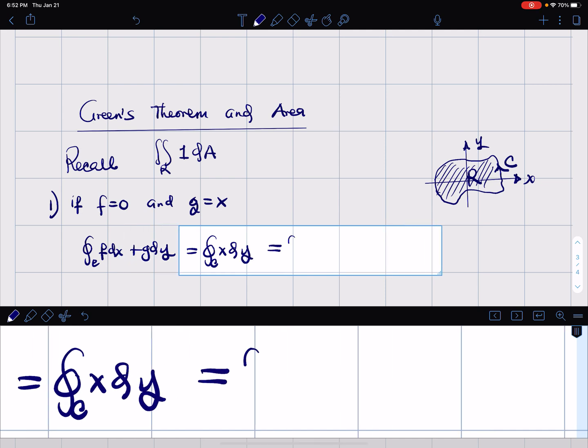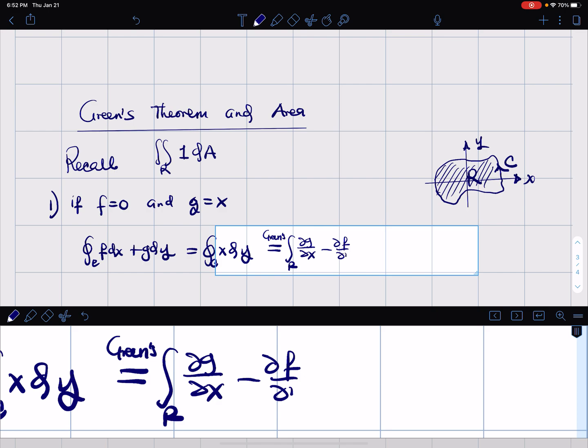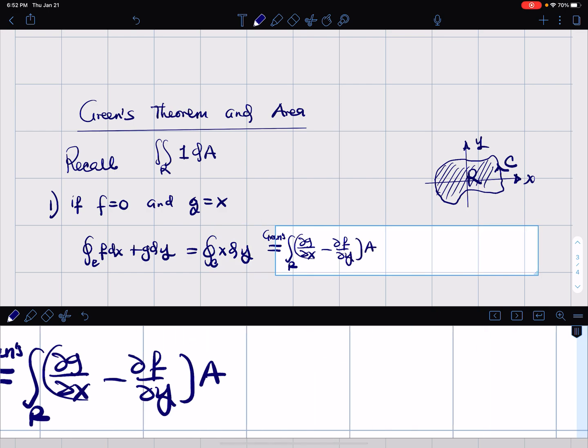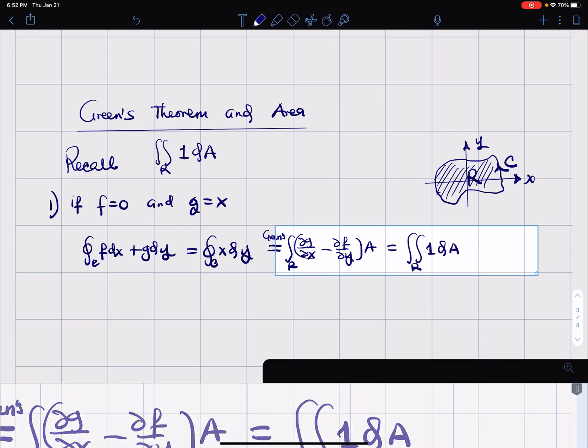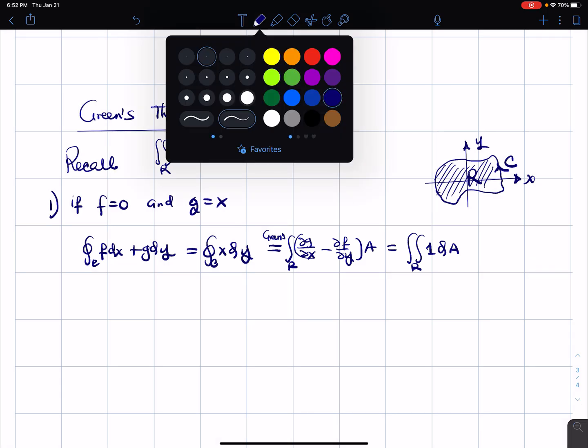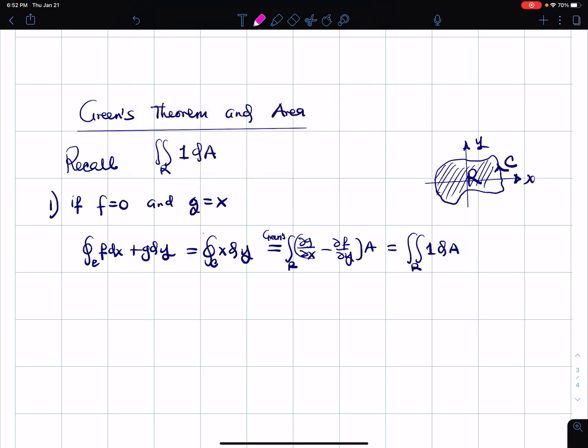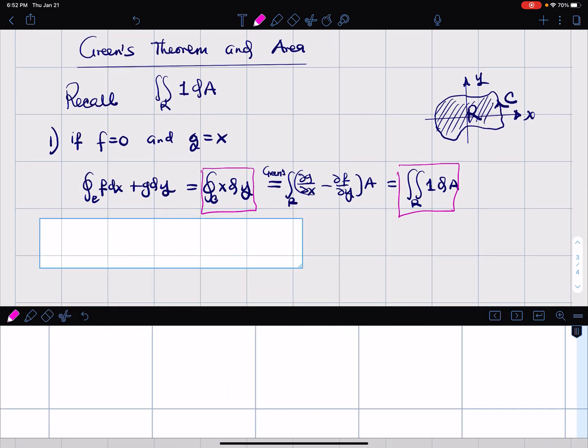Using Green's theorem, this is the double integral of dg/dx minus df/dy dA. But dg/dx is equal to 1, so this is just going to be the double integral over R of 1 dA. So do you see that one way of finding the area of a region is to just compute this little integral here? It will give us the area of the region. And we got that by Green's theorem.